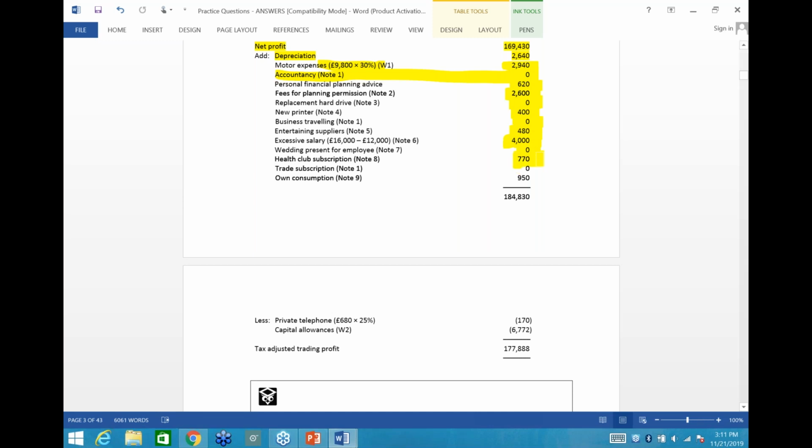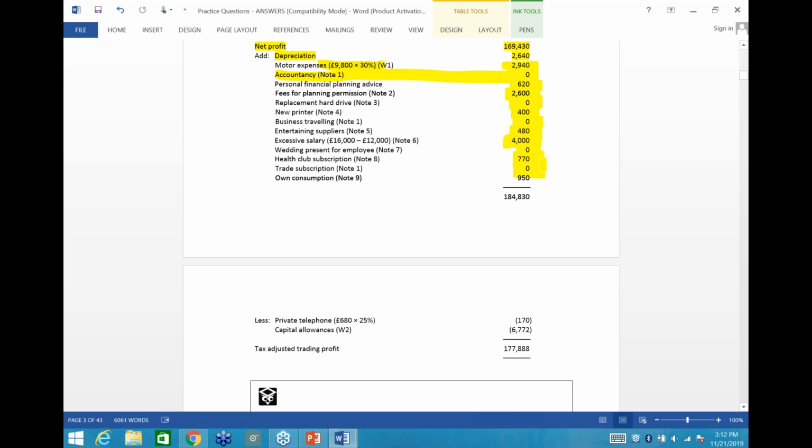But you're paying a trade subscription to the Guild of Musical Instrument Retailers. There is a club formed by musical instrument retailers. You're paying the subscription to that organization. It's something to do with the business that you're running. Therefore, an allowable expenditure, no adjustment is required.